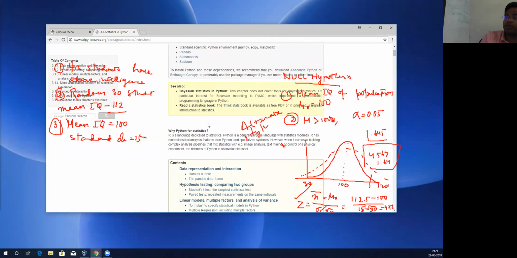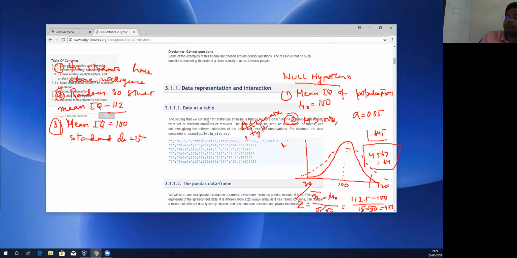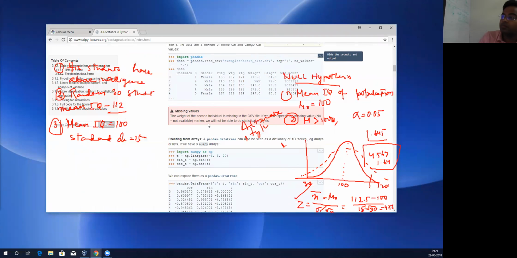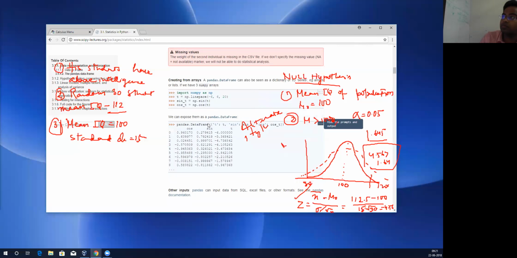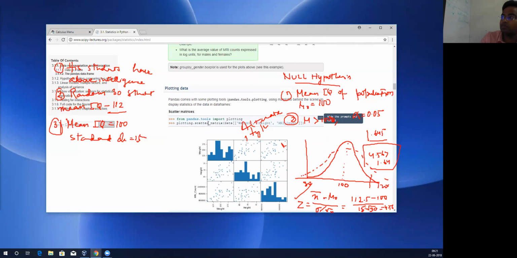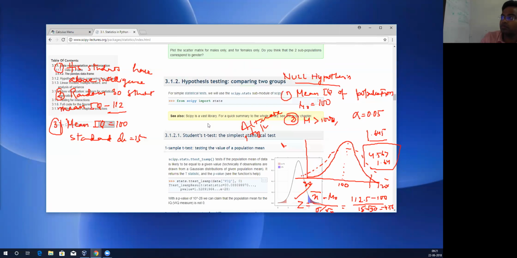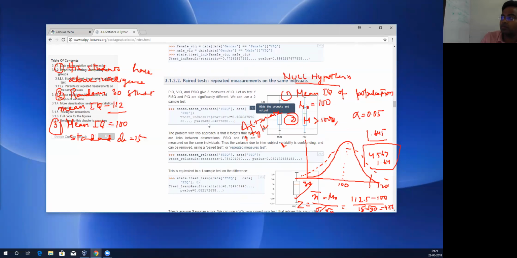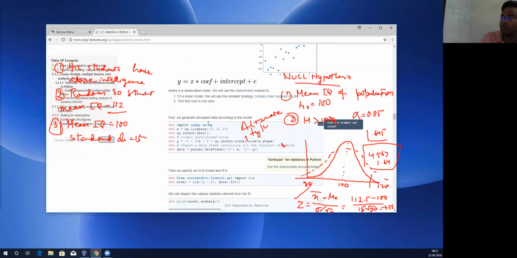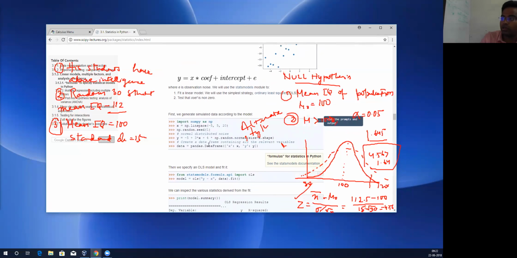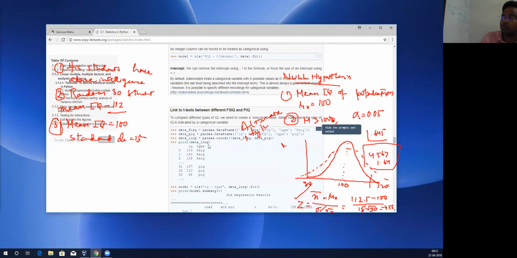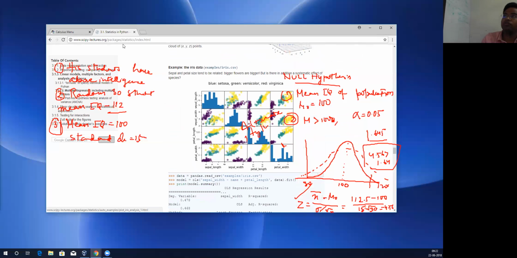Okay, so this is a SciPy library. Normal distributed noise, random data, start model OLS. So a few things you might have to do.